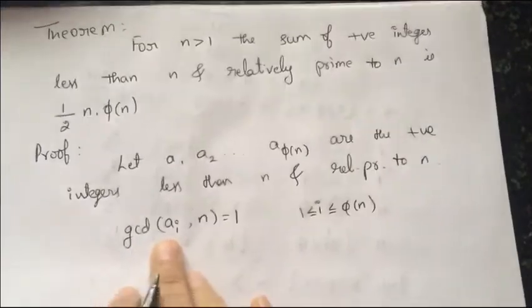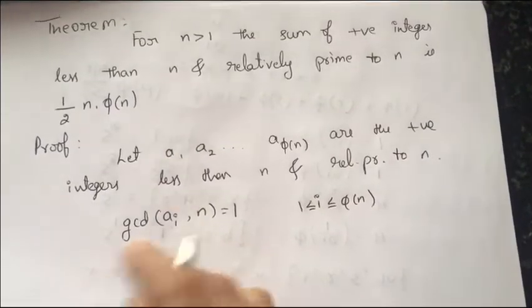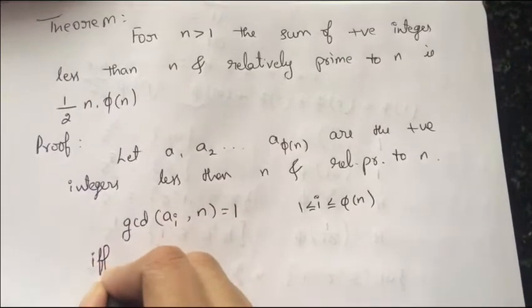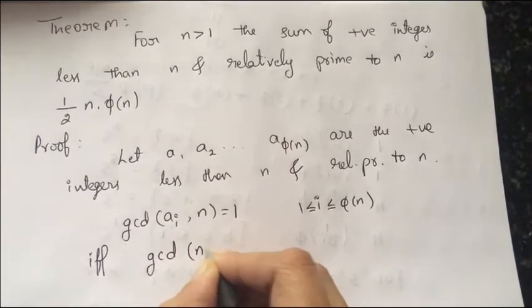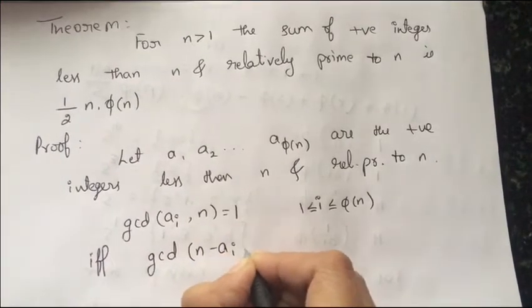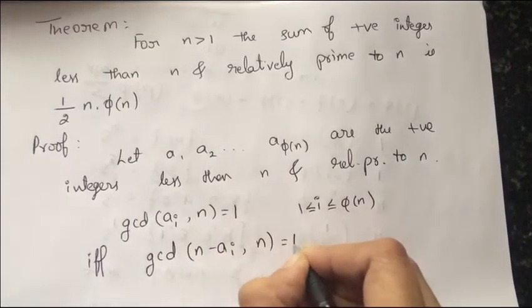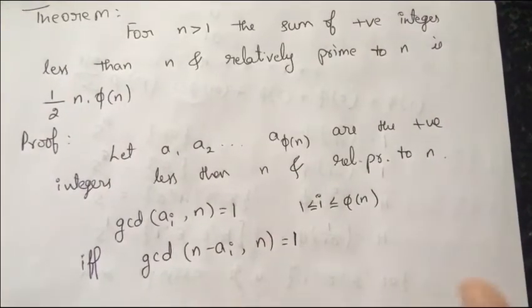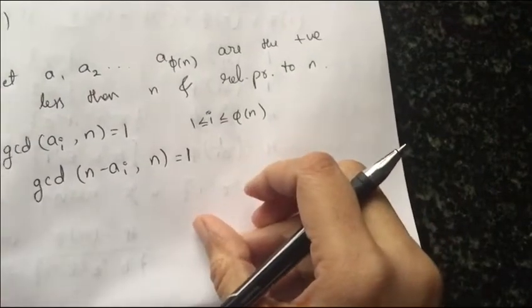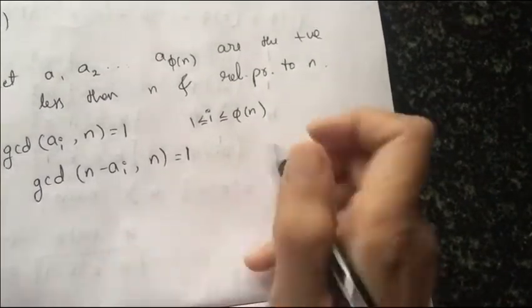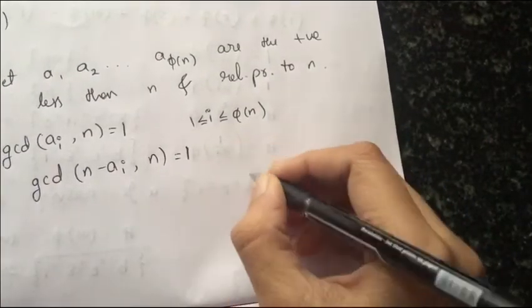Okay, this we know. And this can also be written as GCD of n minus ai comma n equal to 1. I hope you know this. We studied it in our earlier classes on GCD. Let me explain.